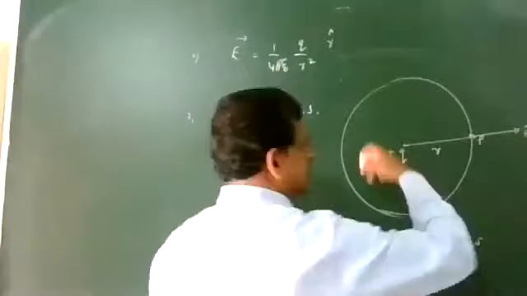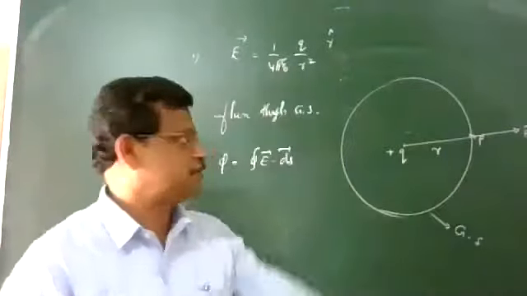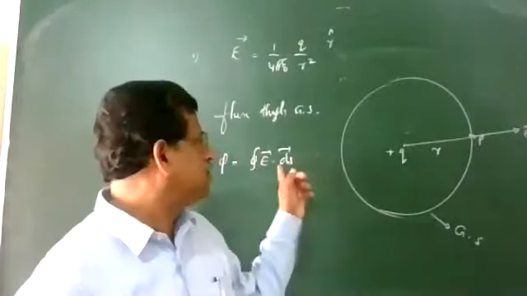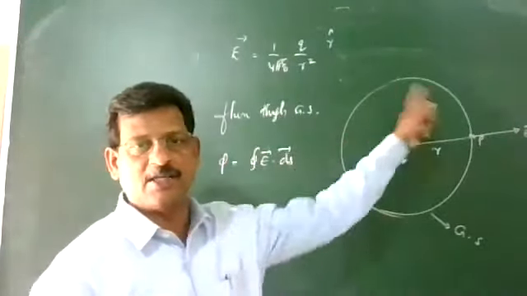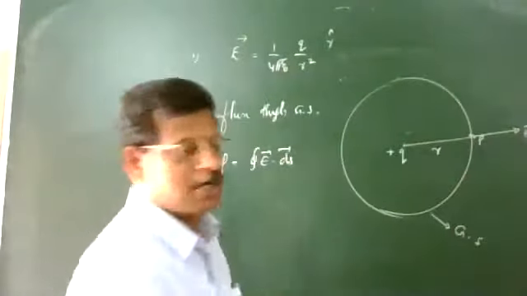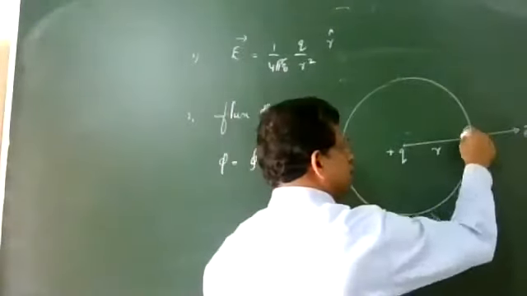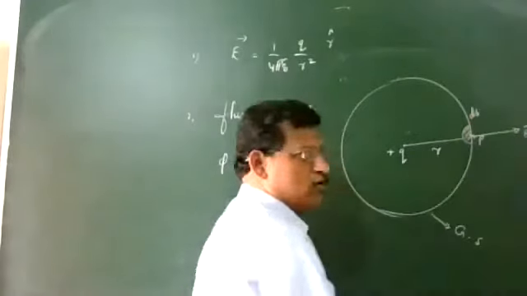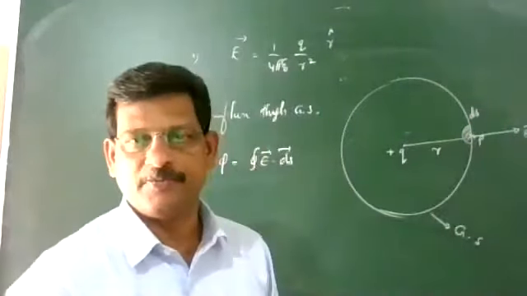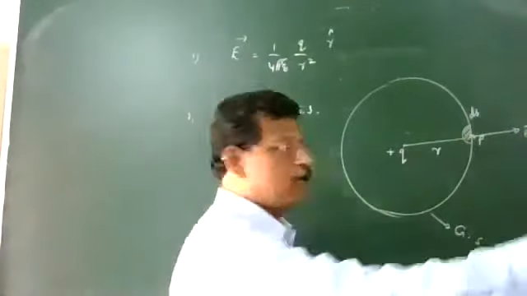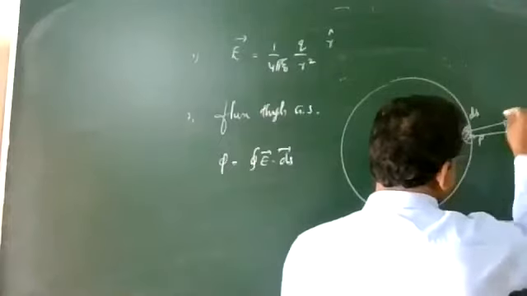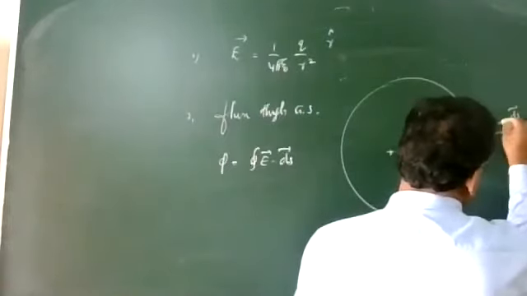You can see the flux lines are passing all over the surface. And E vector dot ds, when we are calculating, E vector at the point P is directed out. Around the point P we consider a small area. ds is a small area around the point P, and ds vector is along the outward normal.